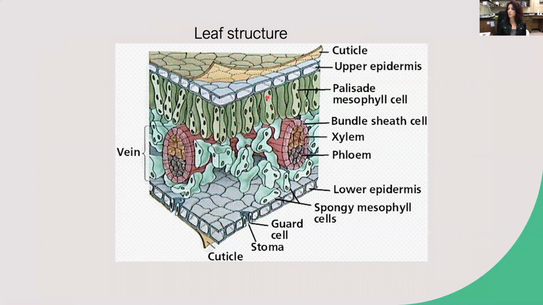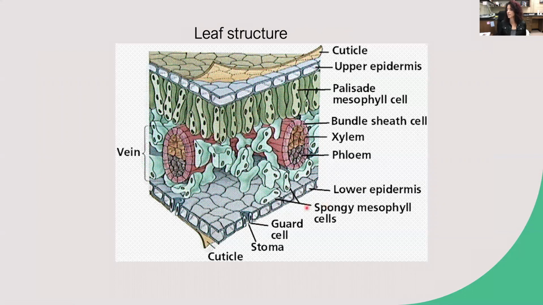This provides somewhat of a scaffolding and a structure to our leaf cell. Inside here, we have veins or vascular bundles. And inside our vein or vascular bundle is where we have the vascular tissue. We have the xylem and the phloem, which is wrapped up by the bundle sheath cell. So all of this together constitutes a vein or a vascular bundle.